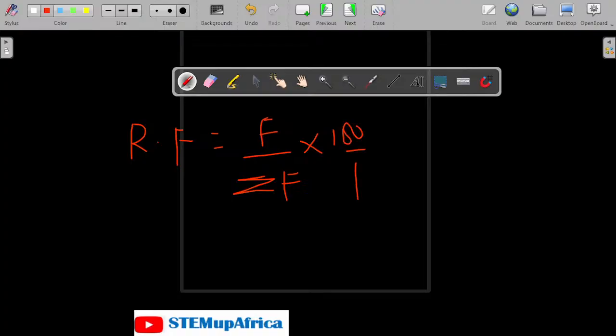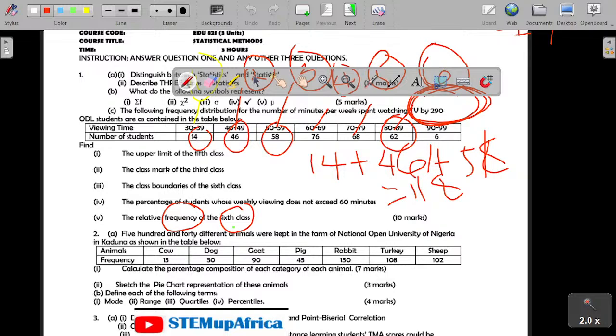The frequency of the 6th class is 62, and our total frequency is 290.